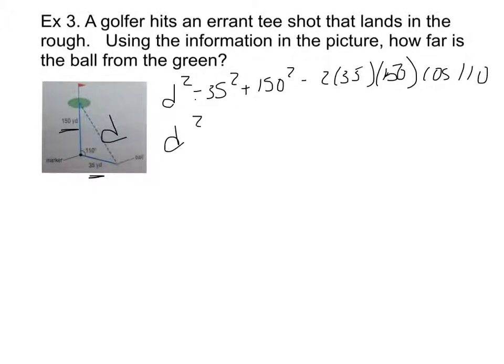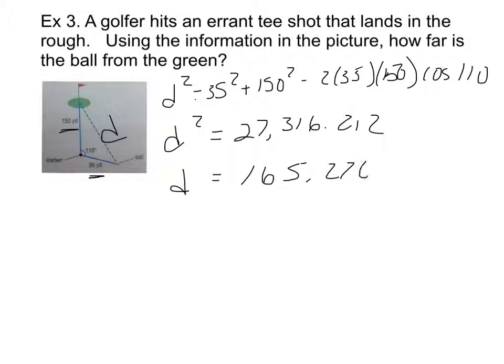I end up with D squared equals 27,316.212. Don't forget to take the square root. So my distance is really 165.276 feet. Oh, it's yards. So now we can decide which club to take out of the bag to hit 165 yards.